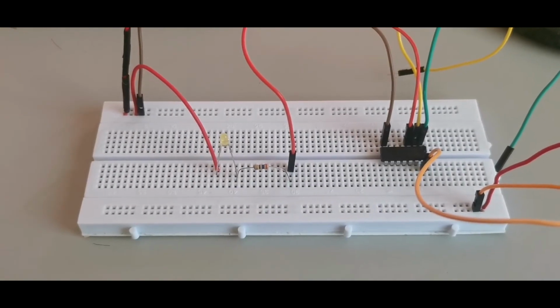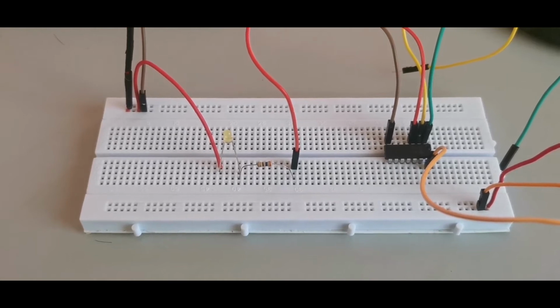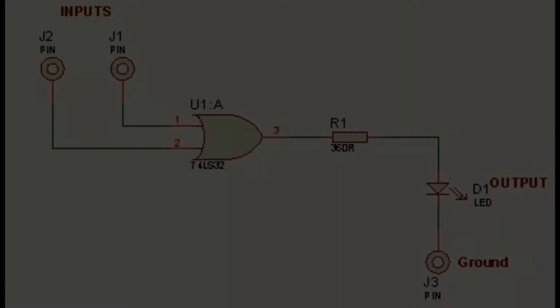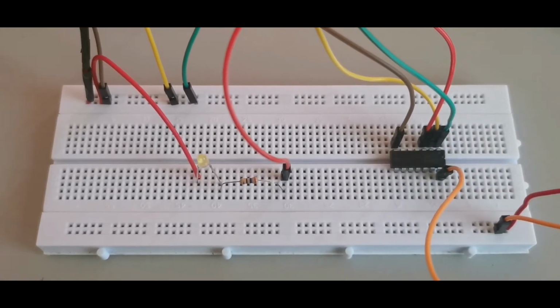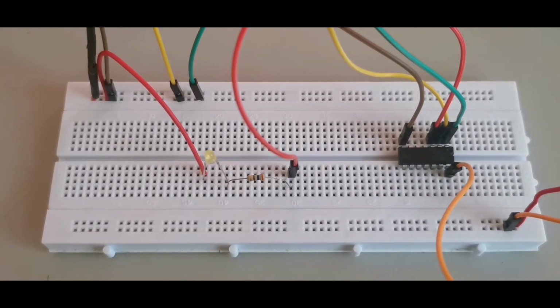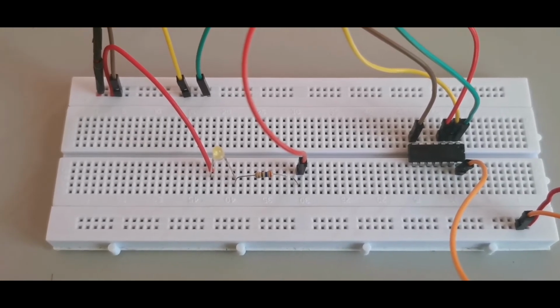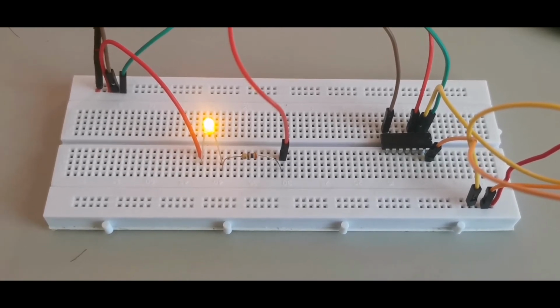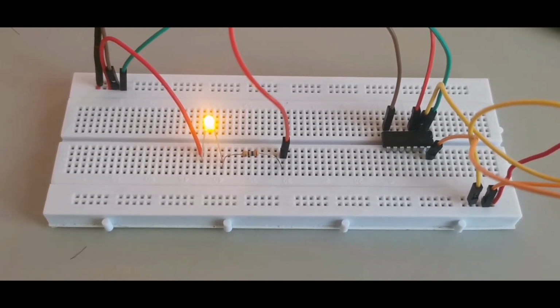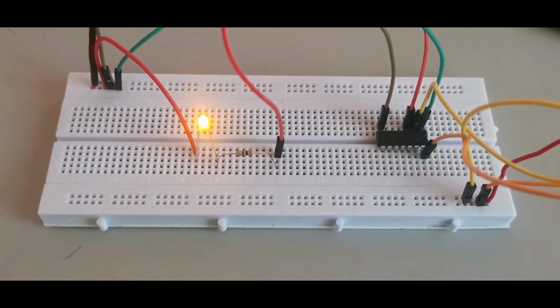Examining the basic operations of the OR gate using 74LS32N. For the next part, we will follow this diagram to construct the circuit for the OR gate. If both terminals A and B are at logic 0, the output is 0. If the input terminal A is at 0 and input terminal B is at 1, the output will be 1.